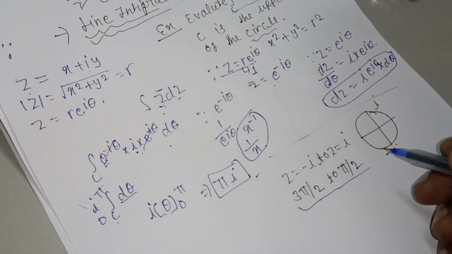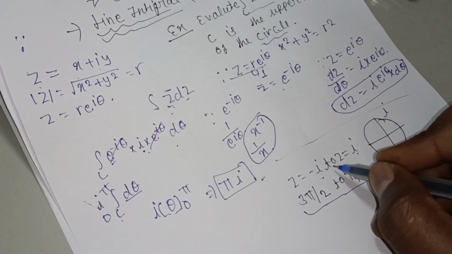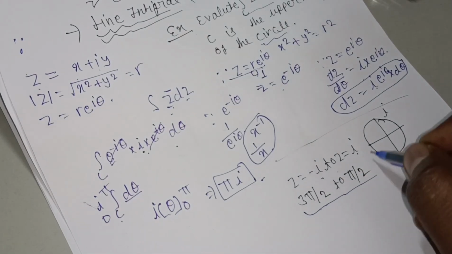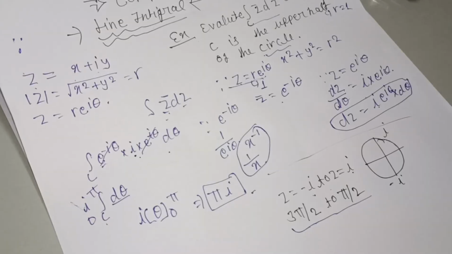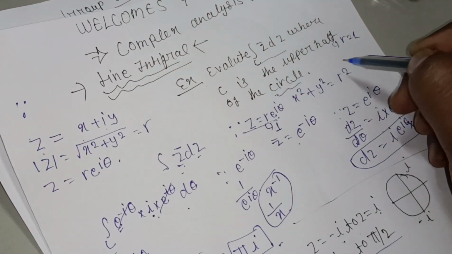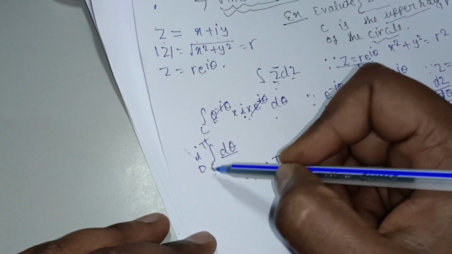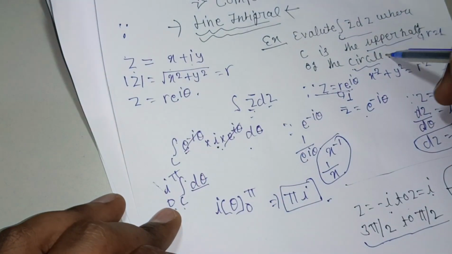So we will take care of it. Most of the time we will be given the limit minus iota to iota. We cannot put the iota, so we will put 3 pi by 2 to pi by 2. One thing which I spoke wrong: here it is the upper half circle, so that's why we have used limit 0 to pi.